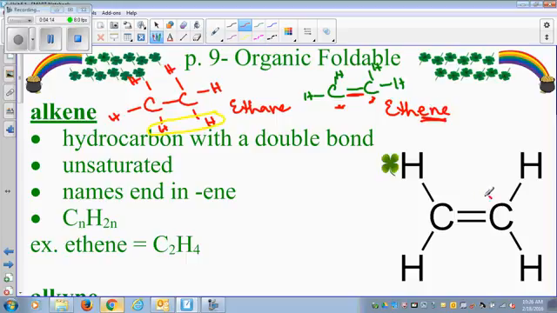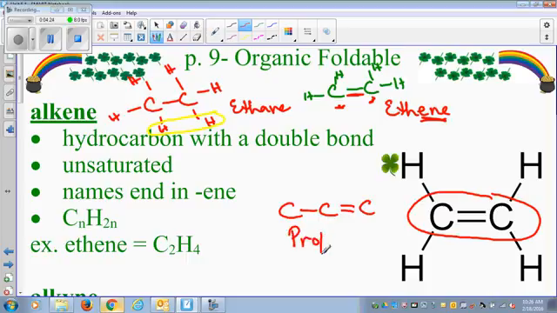Every ene will have a double bond. If it is 3 carbon atoms, you have a double bond between any 2 carbon atoms, so instead of propane, it will be propene. If it's 4 carbon atoms, as long as there is a double bond somewhere, it doesn't matter where, it will be butene.